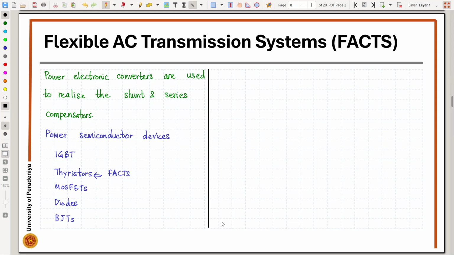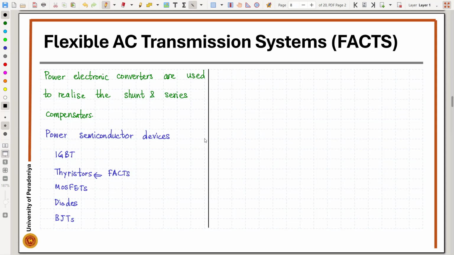Okay, thank you. How many of you can remember the fundamentals behind thyristors, the characteristic curve, etc.? Okay, there are not many who can remember. So we will do a basic review.